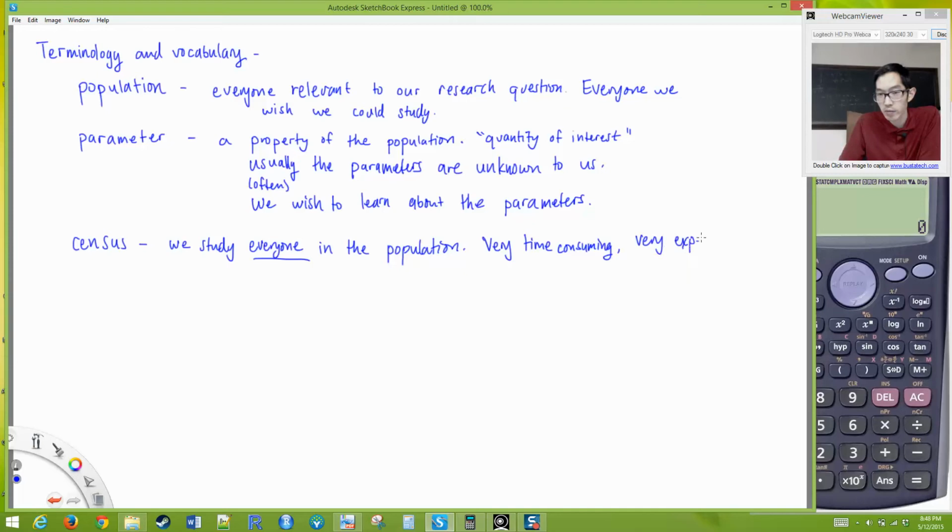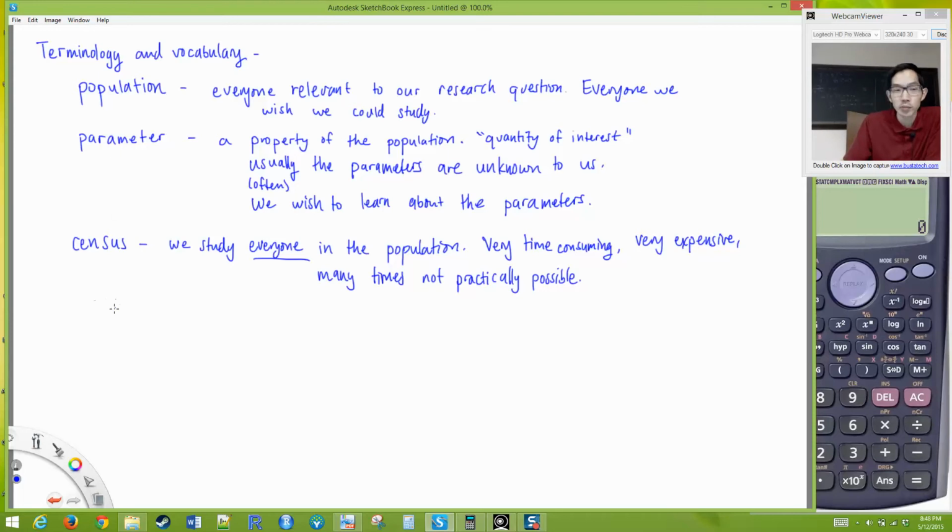And many times not practically possible. But thankfully, we don't have to take a census to answer a question. We can often answer questions about the parameter by studying a sample.